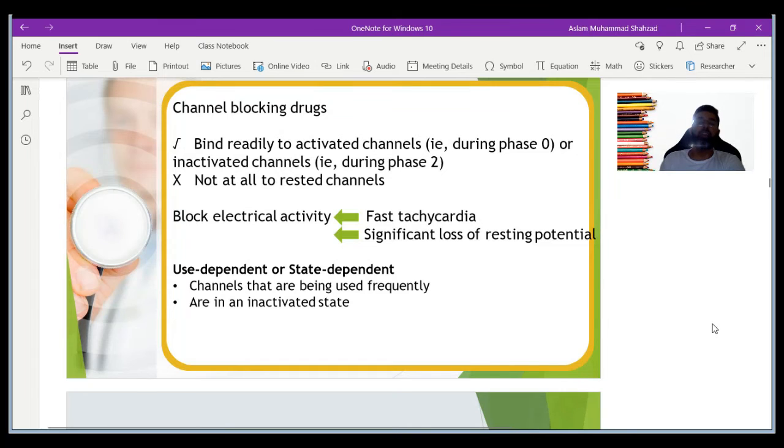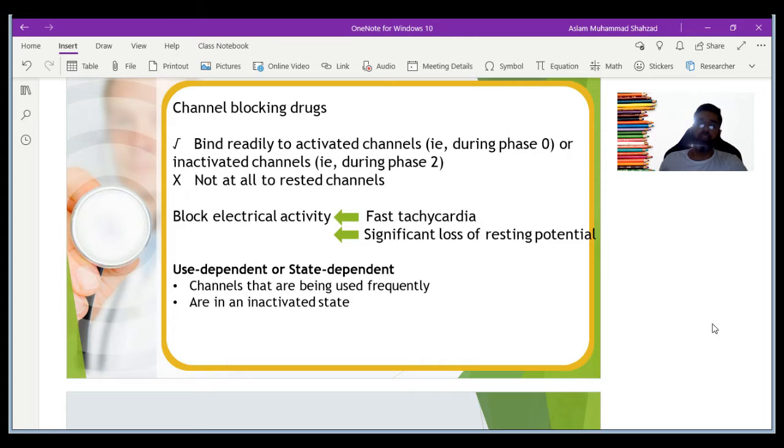When we talk about channel blocking agents, as we discussed in our previous lecture, there is a strong role of ions such as sodium ions, potassium ions, and calcium ions. The drugs will bind either on phase 0 or on phase 2.